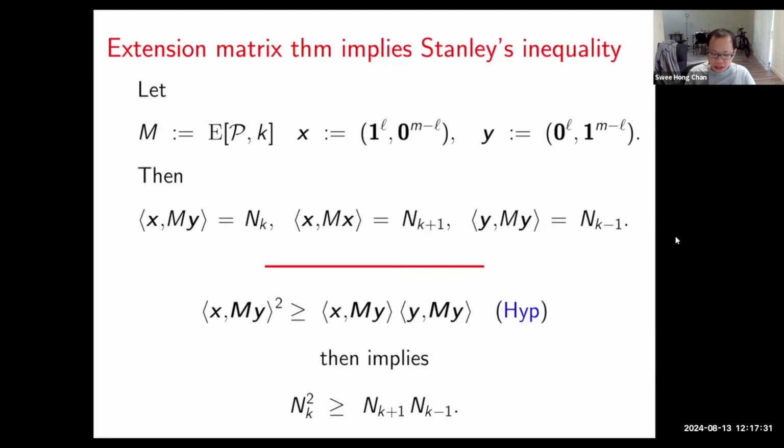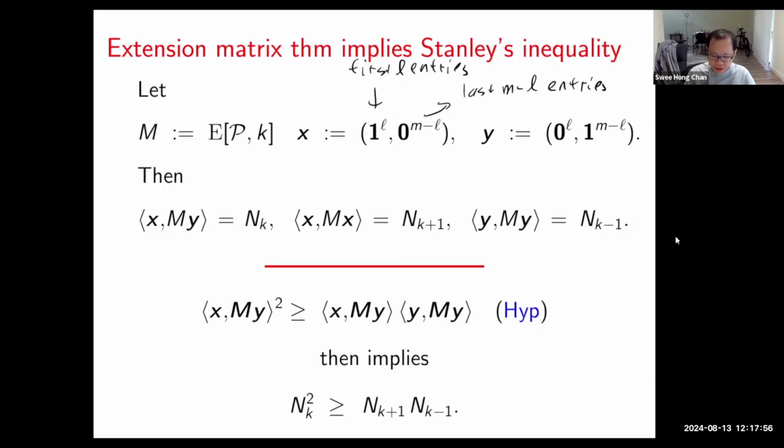The idea is that you take x and y to be these vectors, where the first L entries of x are equal to 1 and the last n minus L entries are equal to 0, while y is the opposite: the first L entries are equal to 0 and the last n minus L entries are equal to 1.